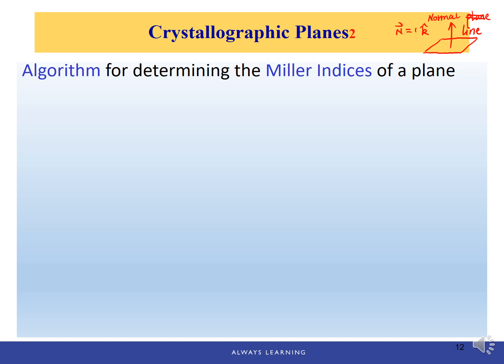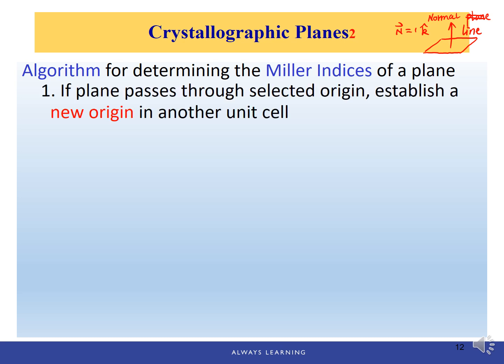The algorithm I am presenting here is to find the normal line of a plane, and in this case we are talking about a lattice plane within the crystal. So step 1: if the plane passes through the selected origin, then we need to move the origin to another location, or establish a new origin and set up a new coordinate system.